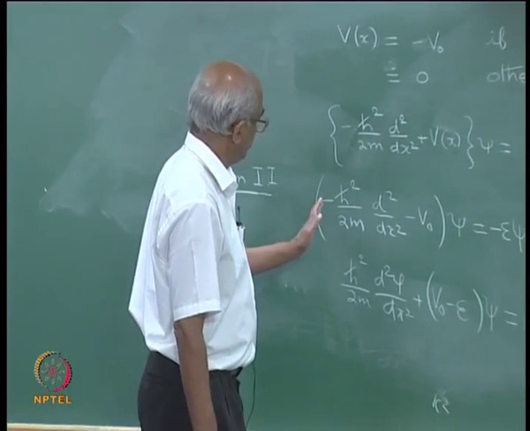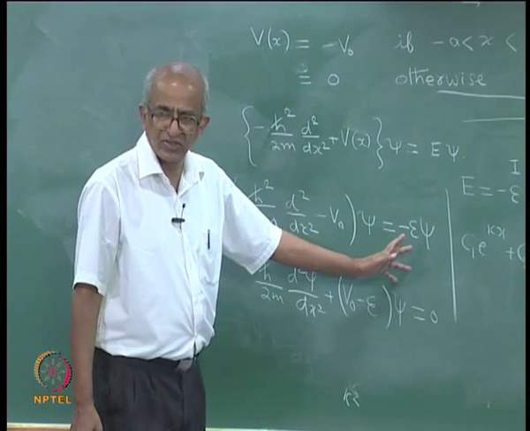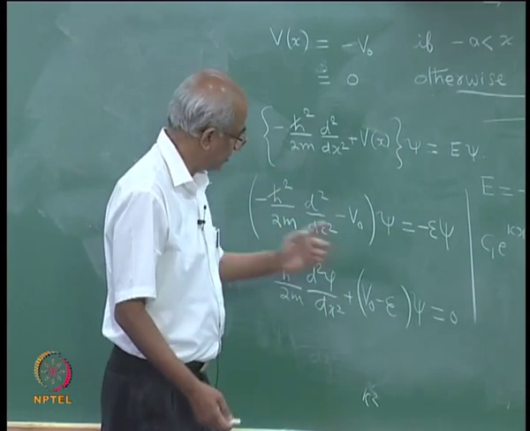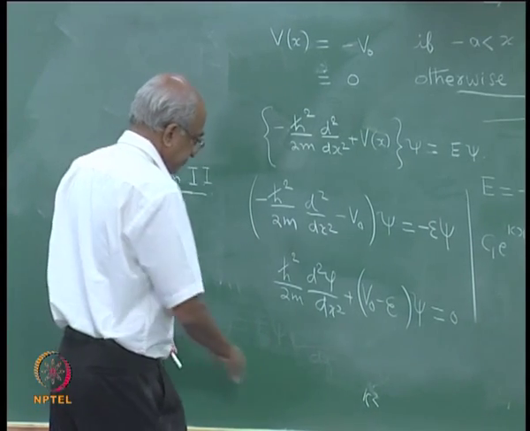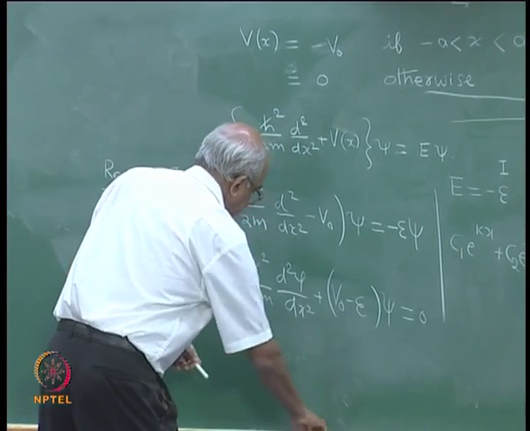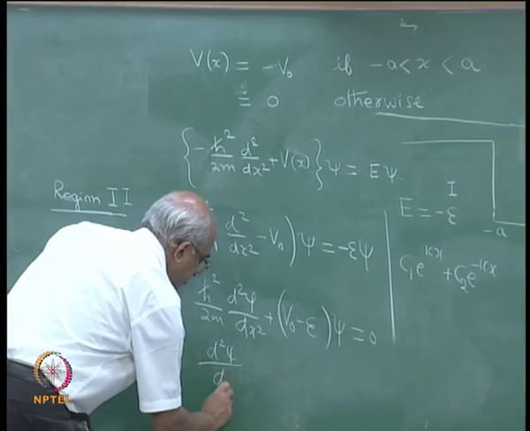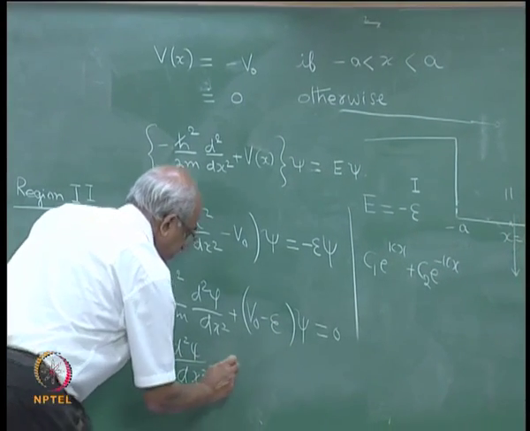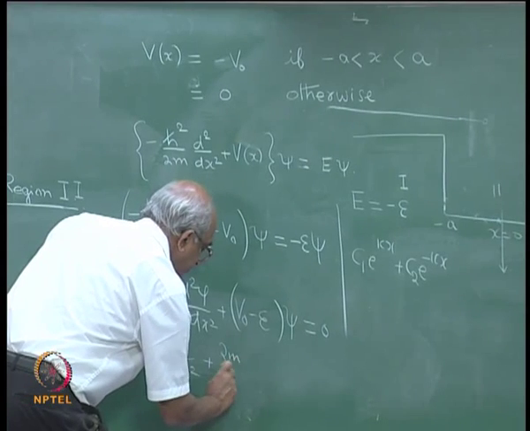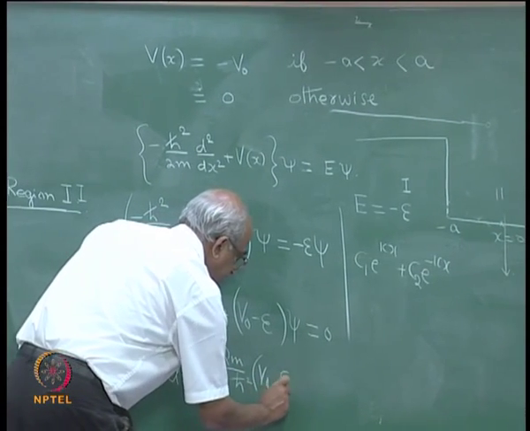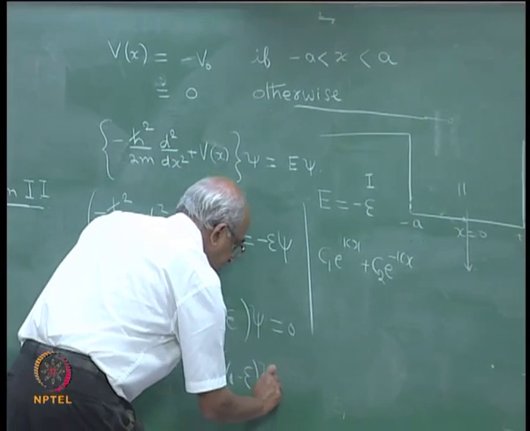I mean, you just multiply throughout by a minus sign and then take this term to the left hand side, you are going to get this equation. Or if you like, you can rearrange and write this as d square psi by dx square plus 2 m by h cross square V 0 minus epsilon psi is equal to 0.